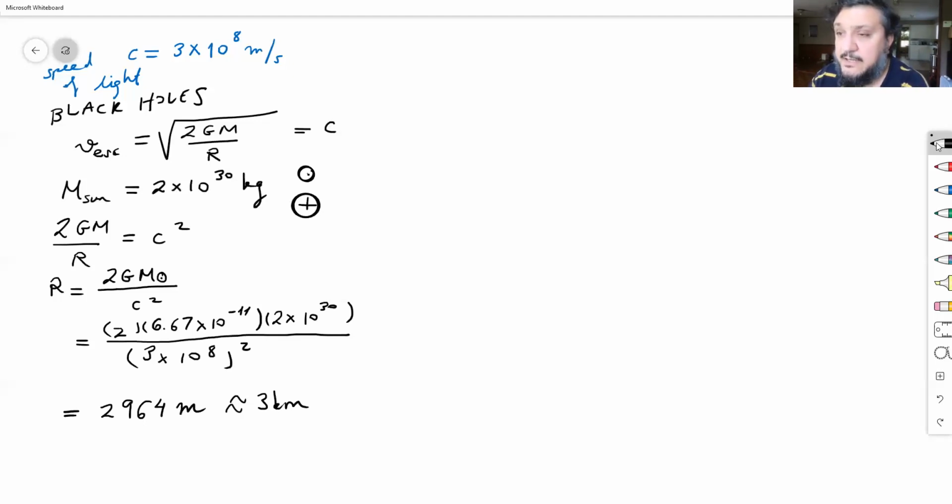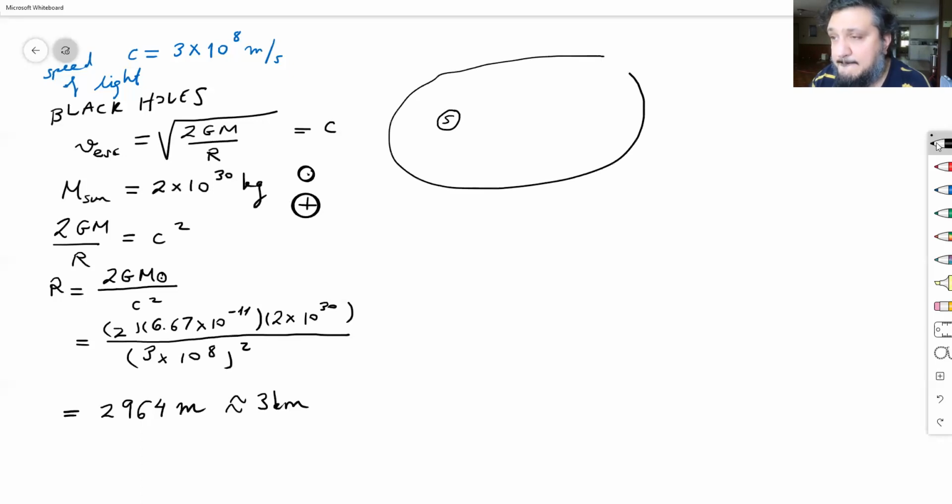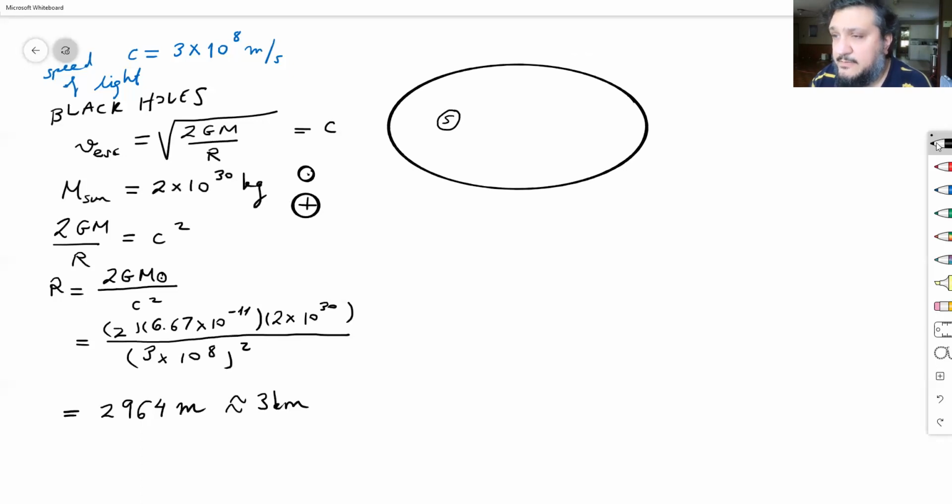like comets? Comets are going around the sun in elliptical orbits. Okay, here's the comet. The comet is r away from the sun. Now, this is not a circle, but an ellipse. Do you guys know the formula for an ellipse?